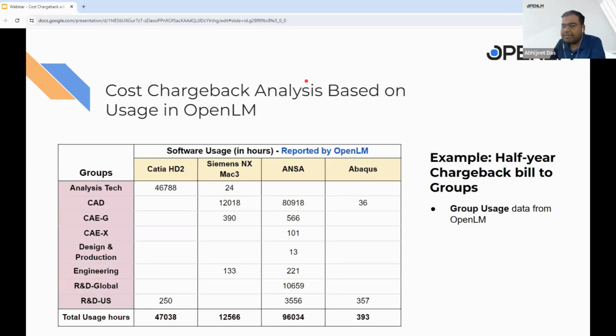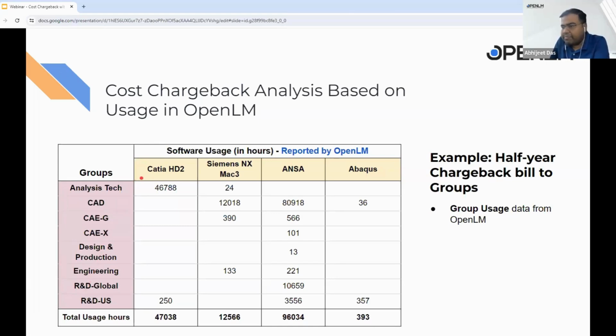So let me give you an example of how OpenLM will help you with the cost chargeback using this data. The cost chargeback analysis is based on usage in OpenLM. Here we are taking an example of an organization with these different groups. These could be different departments or business units within the organization.